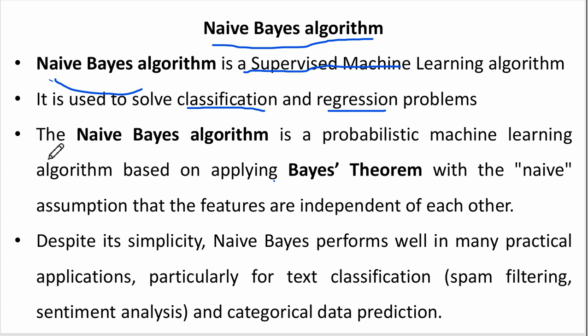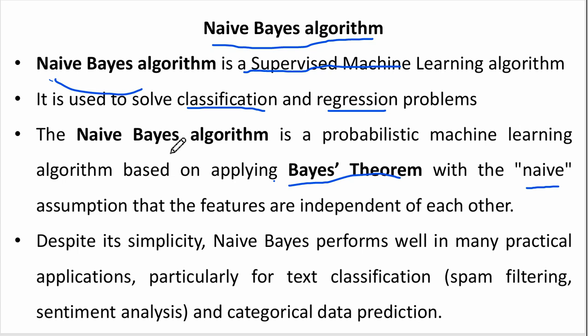And the most important point is that the naive Bayes algorithm works based on Bayes theorem. By using Bayes theorem only, we are building a naive Bayes model. Here, one more keyword you have to remember is why it is called naive.